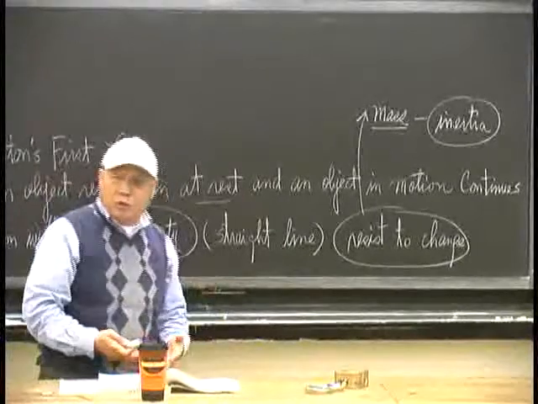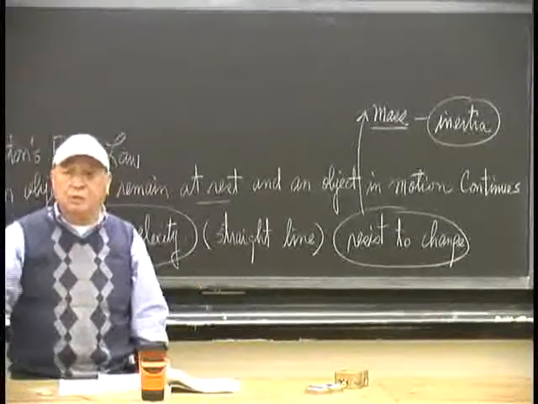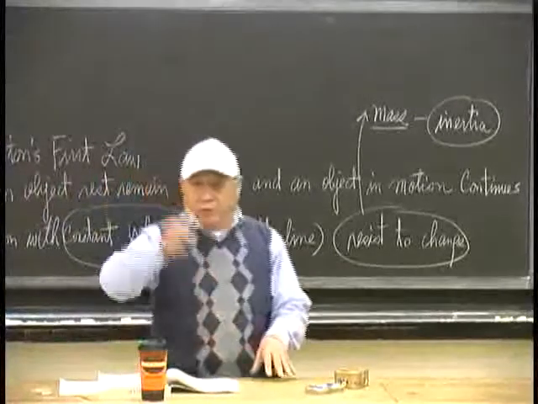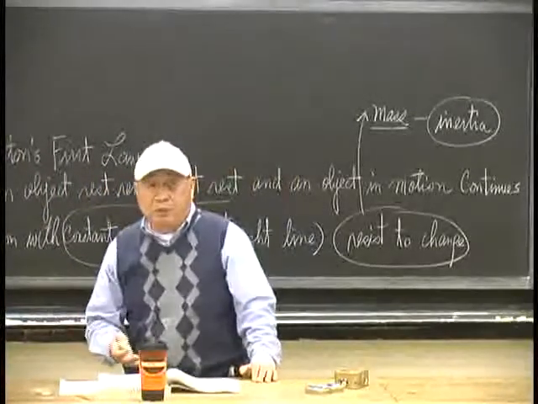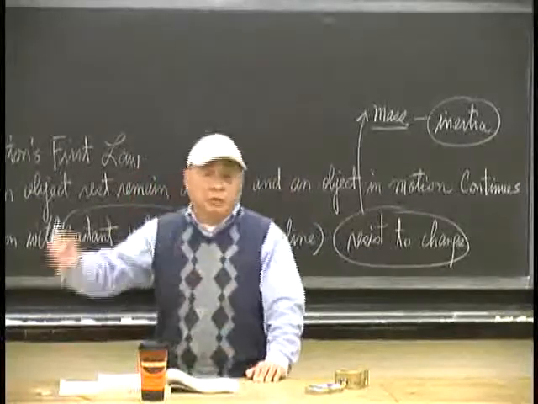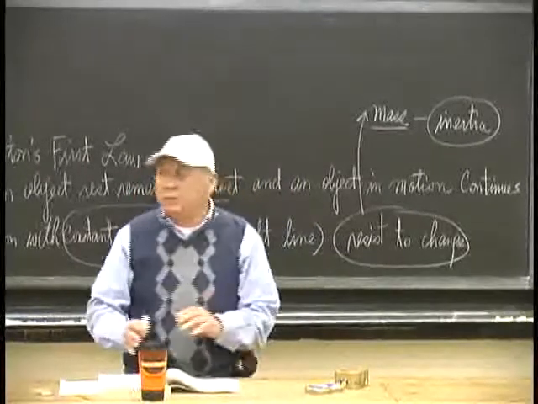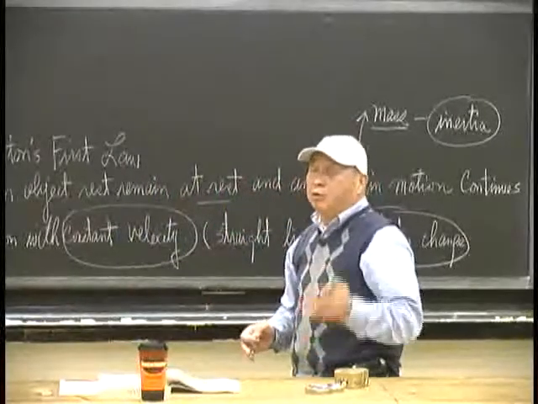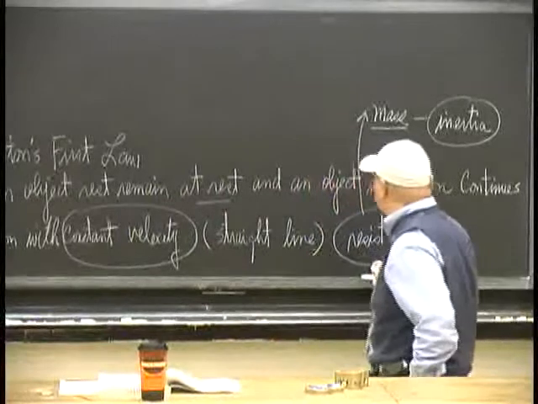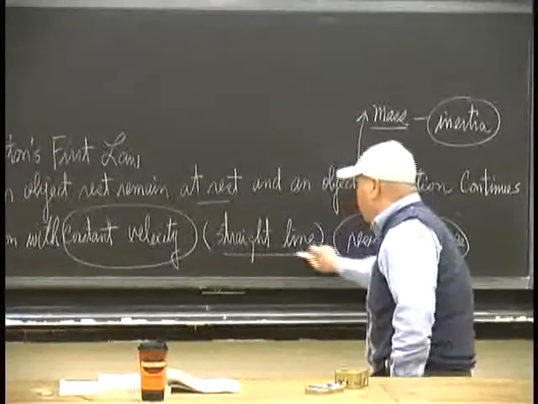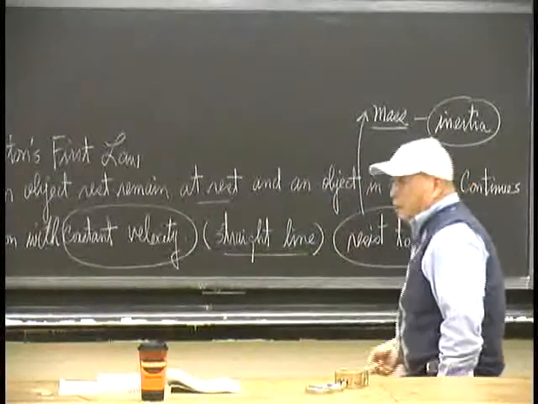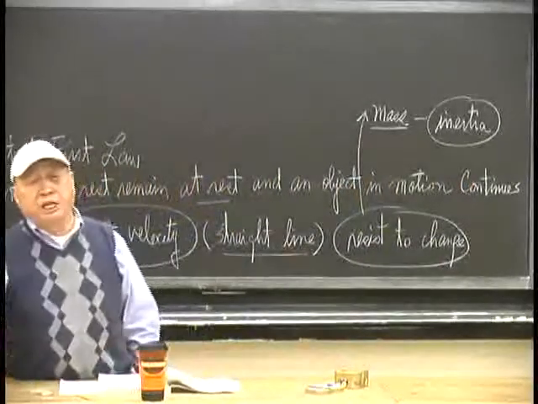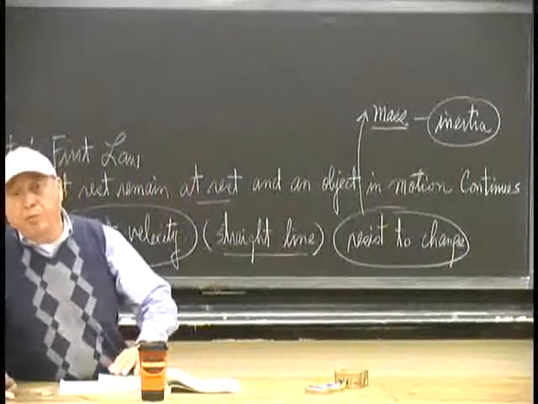Then there's another inertia related to rotation, called moment of inertia, to resist the rotation. In the future, we will study another motion called rotation. But right now, we concentrate on motion in a straight line. So the heavier the object is, the more resistant it is to having a motion.